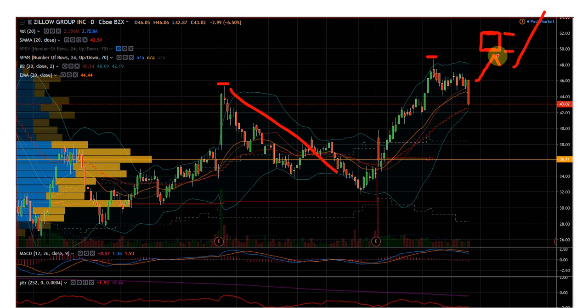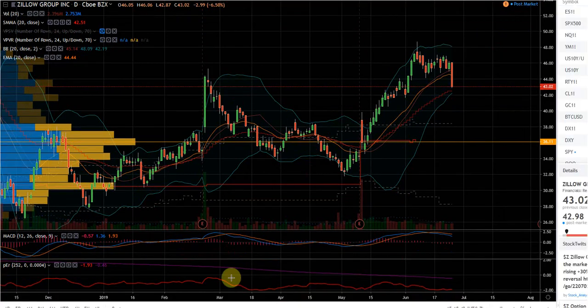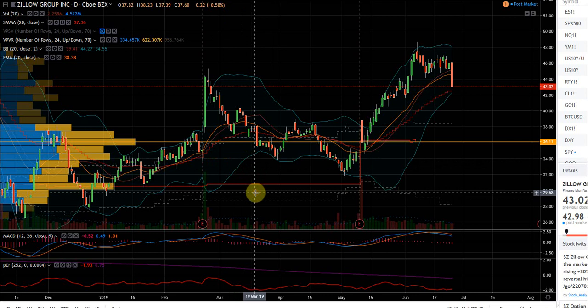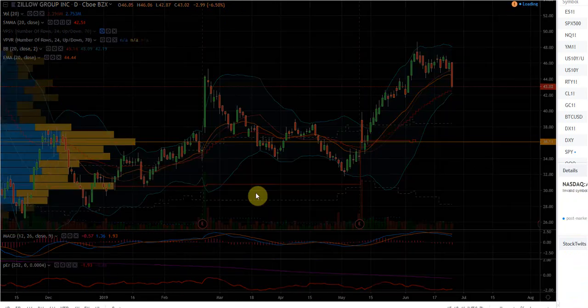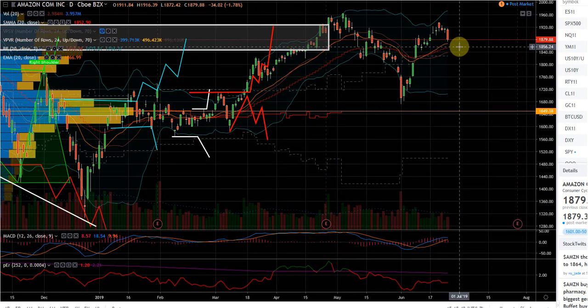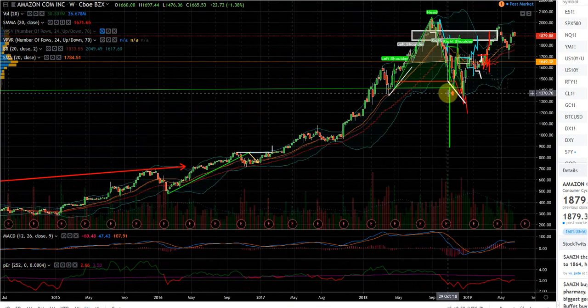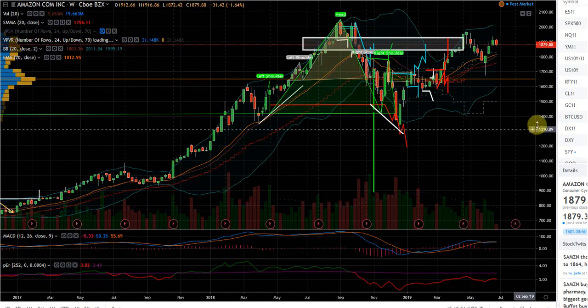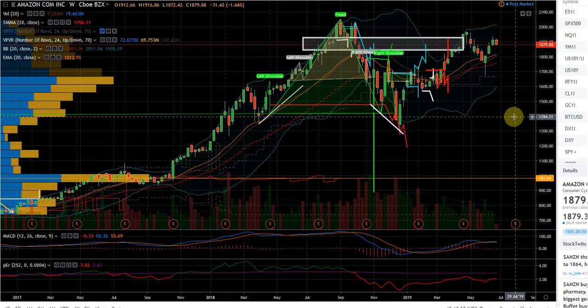If I go out to October and sell a put for Amazon at 1,400. Where's Amazon now? 1,900. So if I go to October and sell a put down here for Amazon, what does that mean? It means I commit to buying Amazon shares at $1,400.